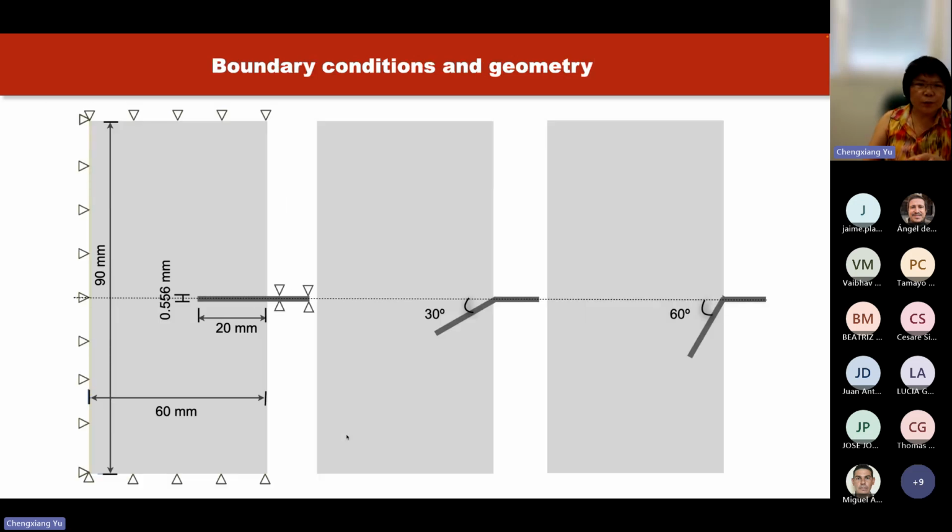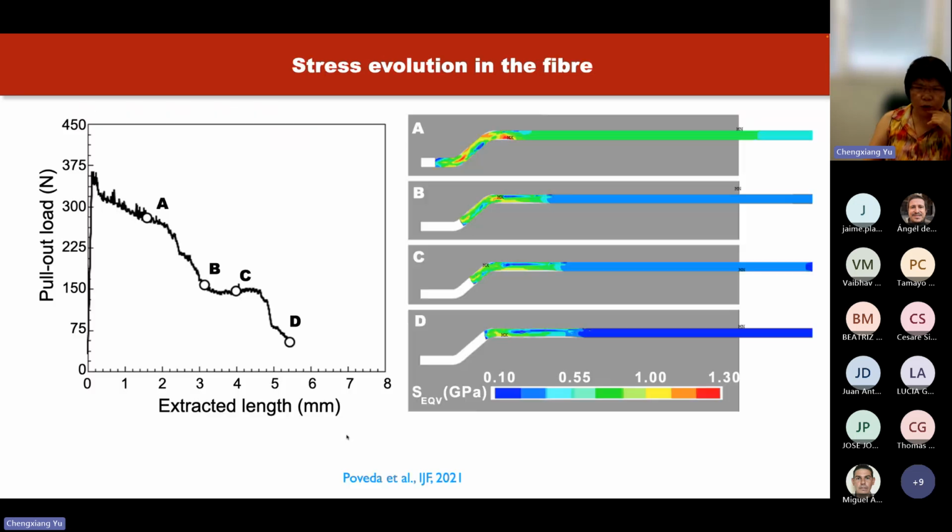For boundary conditions and geometry, what you see here are the three configurations we model: 0 degree, 30 degrees, and 60 degrees, because the original work was done at Zhejiang University with one of the students I worked with.